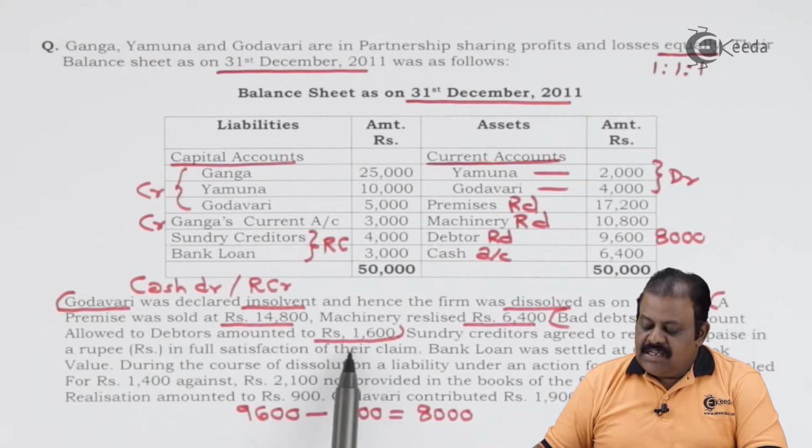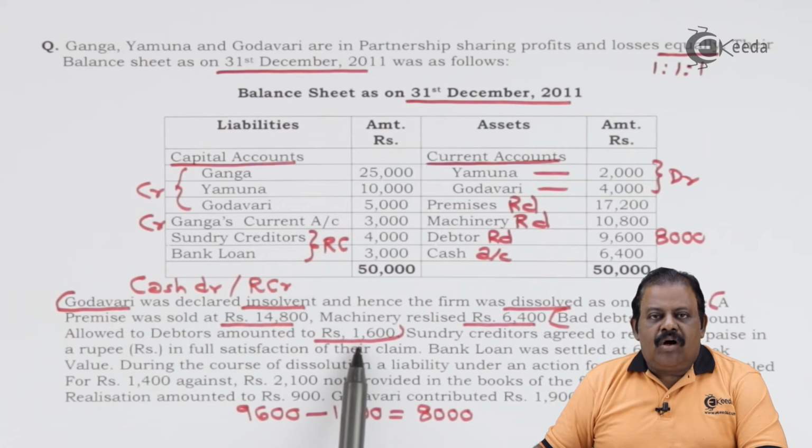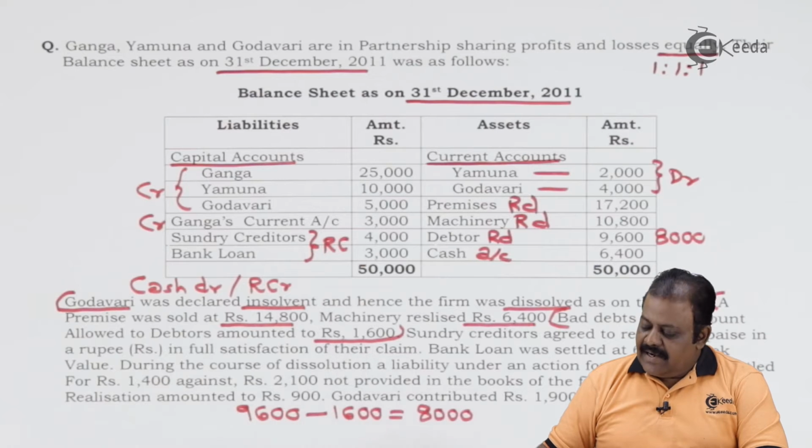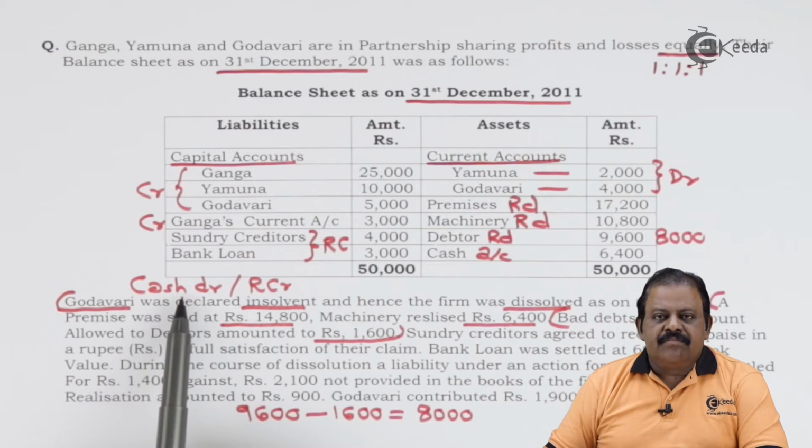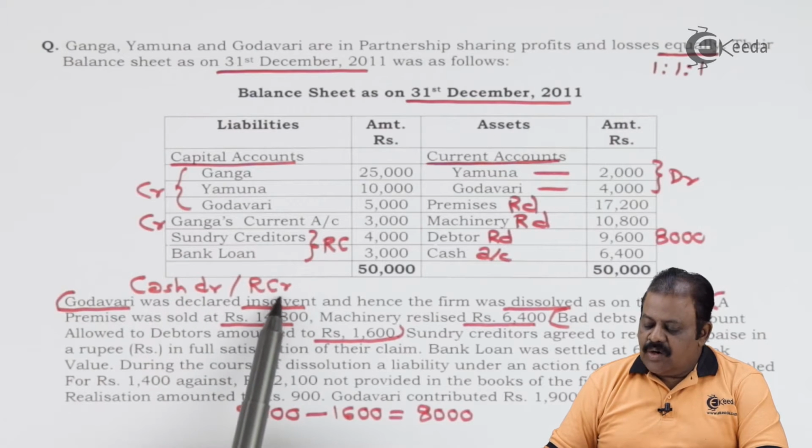Entry for discount allowed or bad debts of 1,600 is not required. Directly the entry will be recorded for 8,000. Cash account debit, realization account credit.